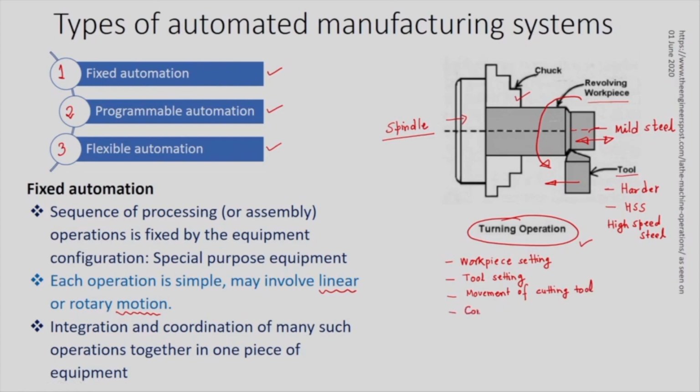Controlling the process parameters. These process parameters are feed and depth of cut. Then we need to collect the cut chips, the chips which are falling down.